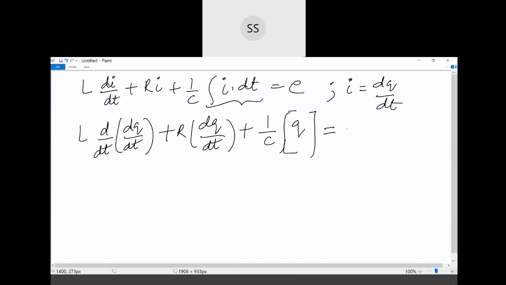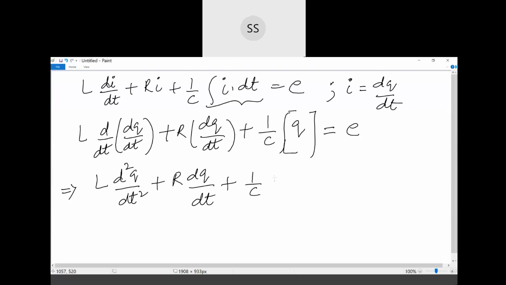This will be equal to E. Simplified, the complete equation is L d square q by dt square plus R dq by dt plus 1 by C q is equal to E. This is an important equation. Let us call it equation 3.